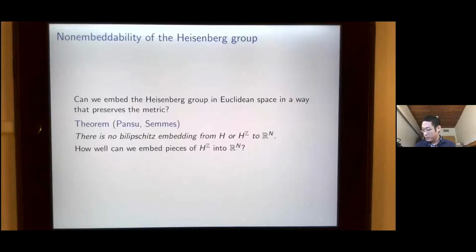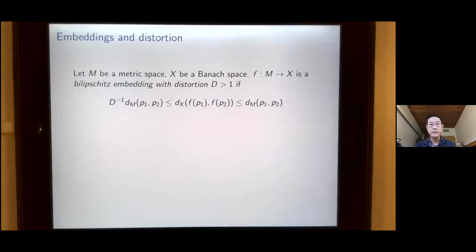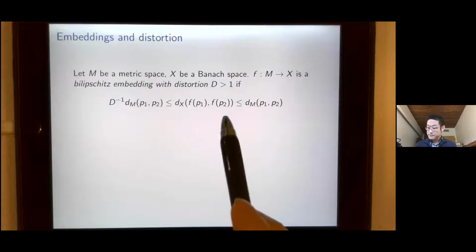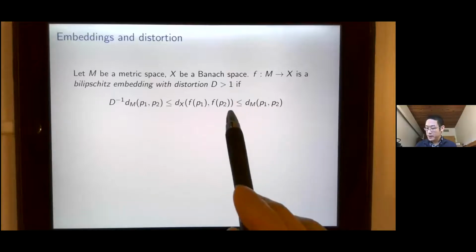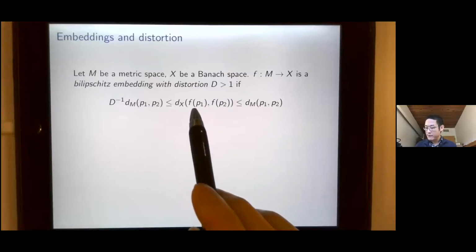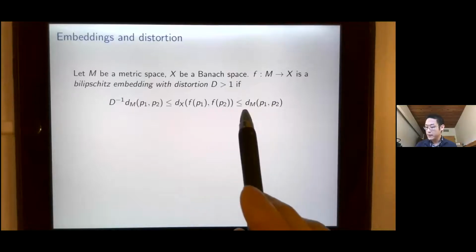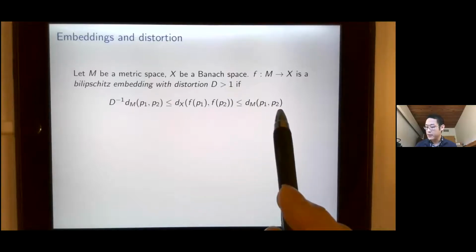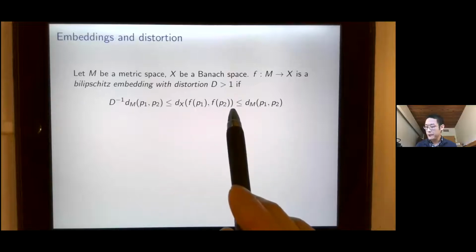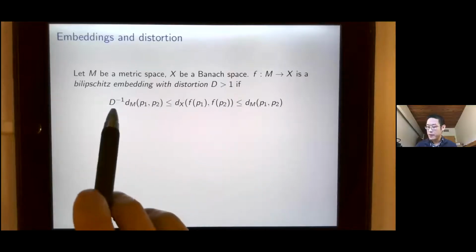So to make this more rigorous, let me define the notion of the distortion of a bilipschitz embedding. If M is a metric space, X is a Banach space, f is a bilipschitz embedding with distortion D if it's a distance decreasing map, if the distance between f of p1 and f of p2 is less than or equal to the distance between p1 and p2, so it's a distance decreasing map, but it doesn't decrease distances by too much.